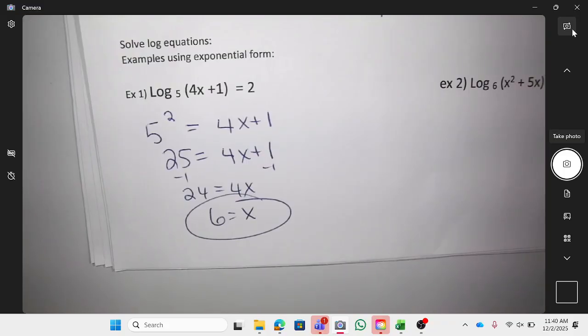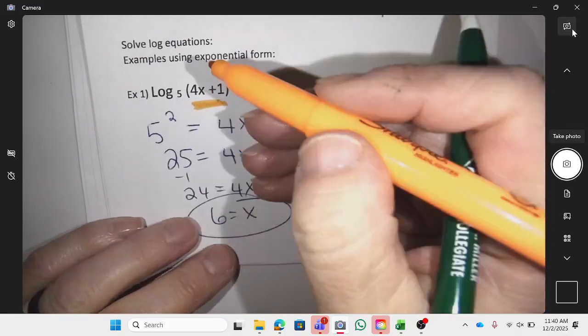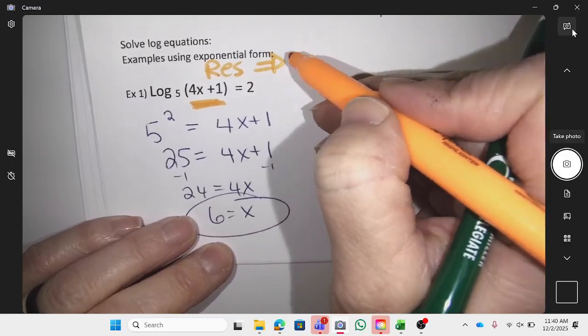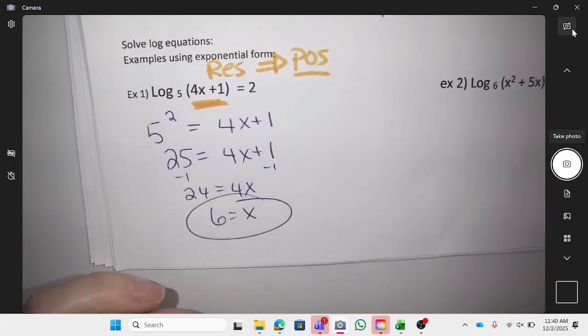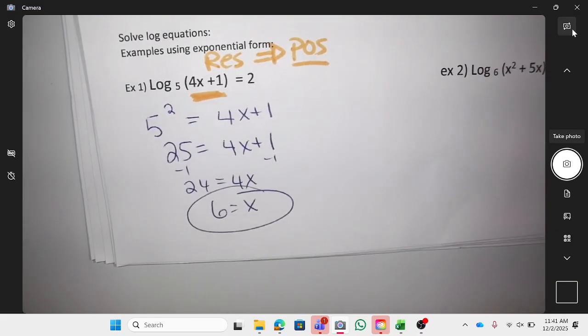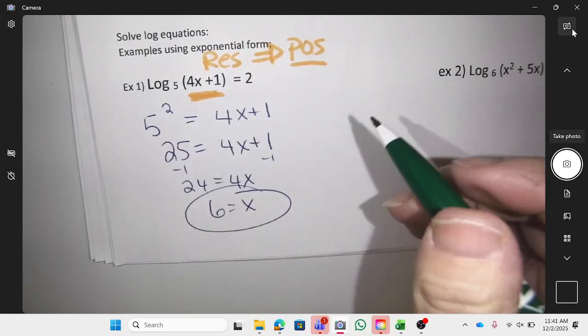Here's something we need to understand as well. Whatever your result is has to be positive. Your result of a log has to be positive. So 6 is okay. 6 makes it positive.